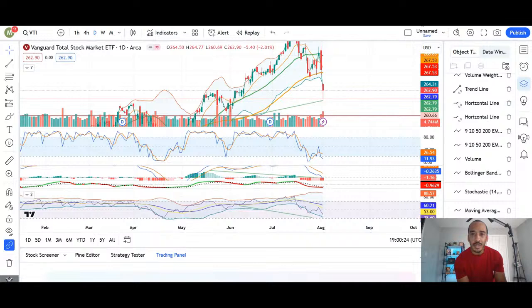So let me pull up divergence. If you've never seen that before, you can see that now. Let's see. Swing trading divergence.